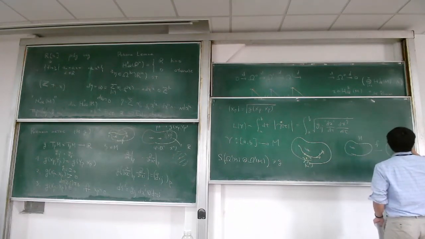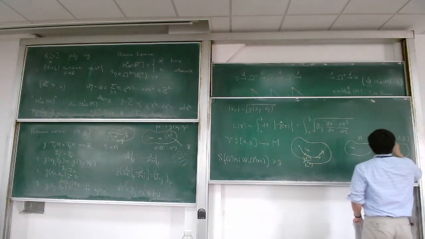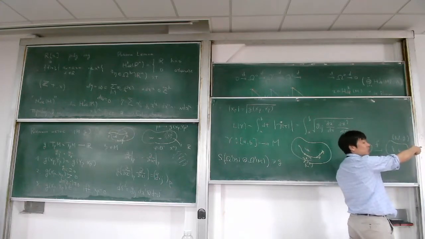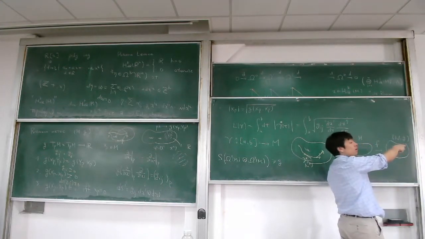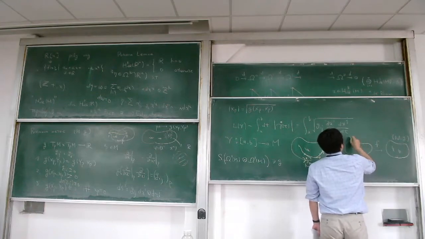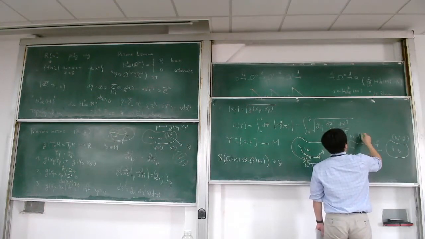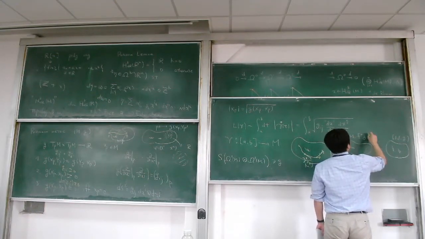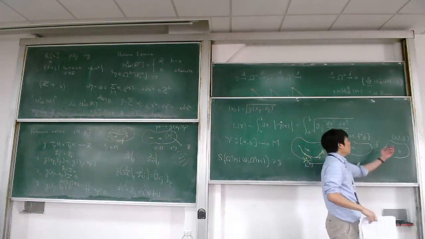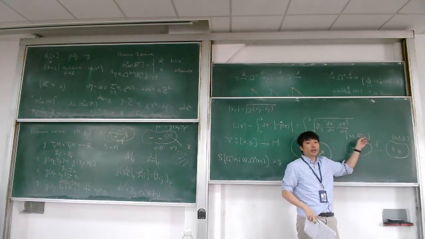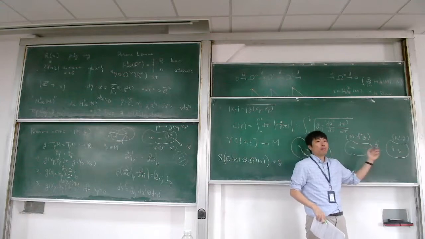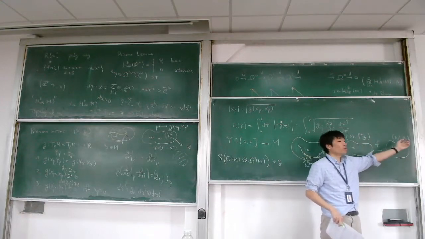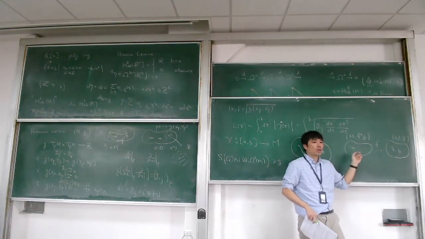Given the manifolds M and N, so this is a Riemannian manifold, one can have an induced metric on M by pulling back the metric from N to M.